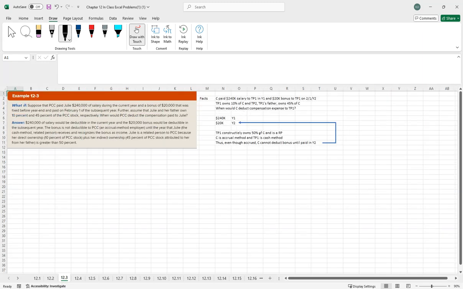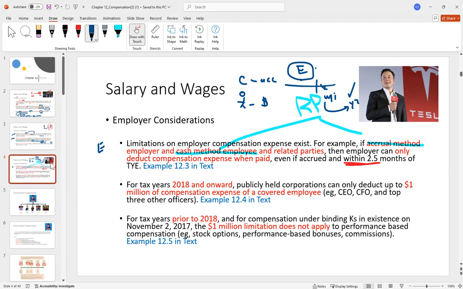We meet that criteria. They're related parties. The corporation is accrual, the taxpayer is cash. Even though it was accrued, we can't deduct it until year two. This is showing the exception. That 20 grand we get in year two, even though it was within the window.